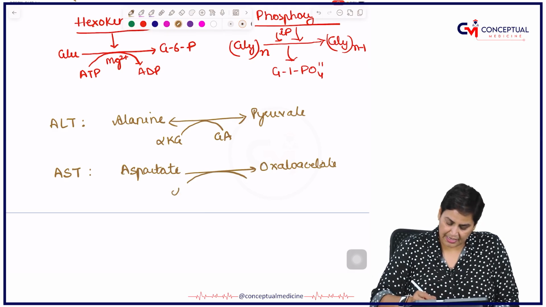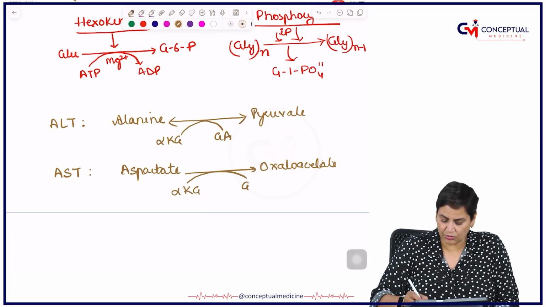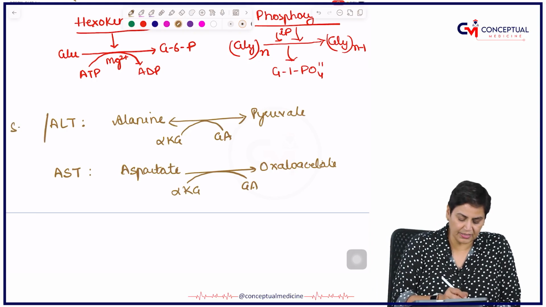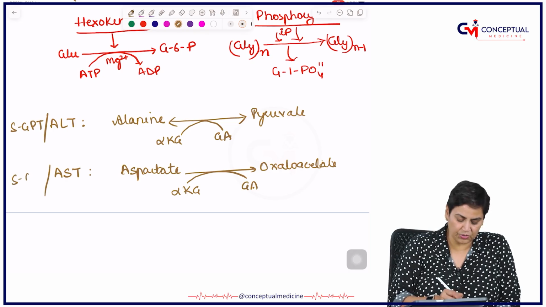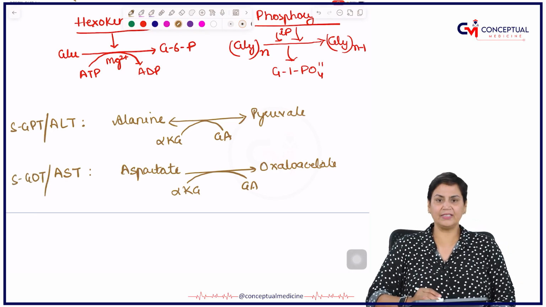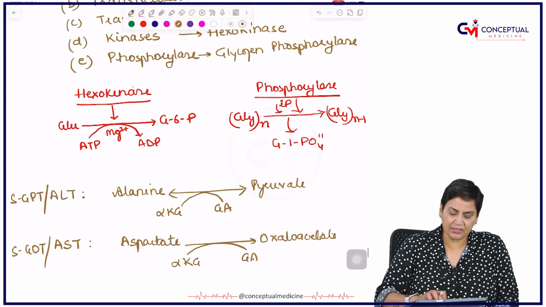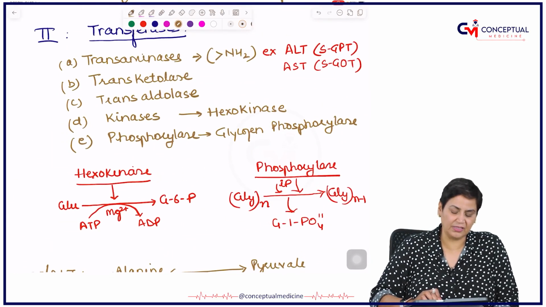Same reaction, alpha ketoglutarate to glutamate, but the enzyme would be different, and that is why ALT is known as GPT. In common practice we call them SGOT, SGPT. So OT is AST, PT is ALT. So this is class 2, which is transferases.